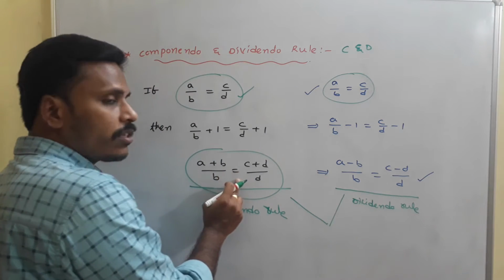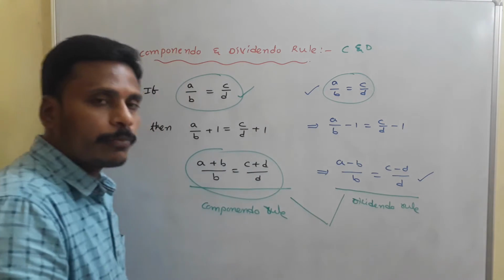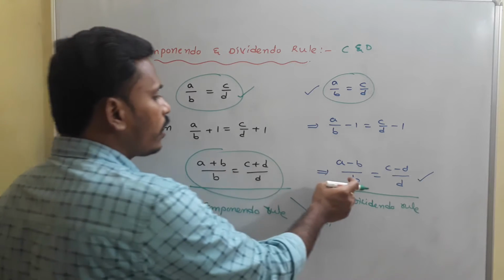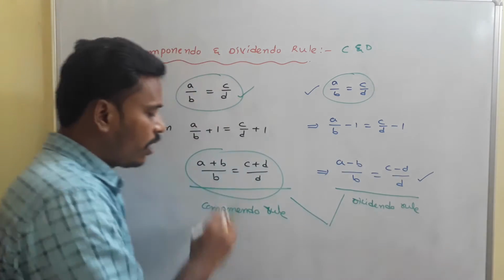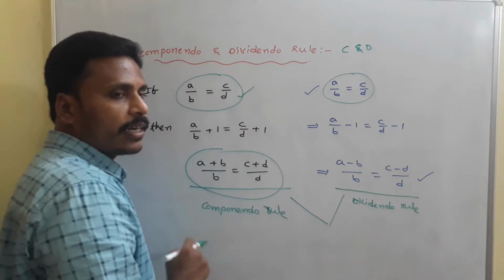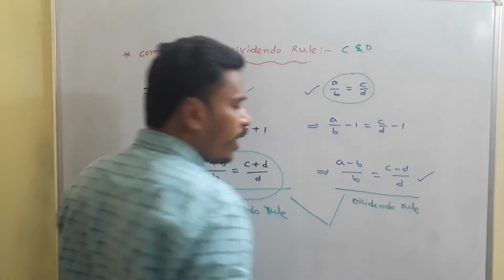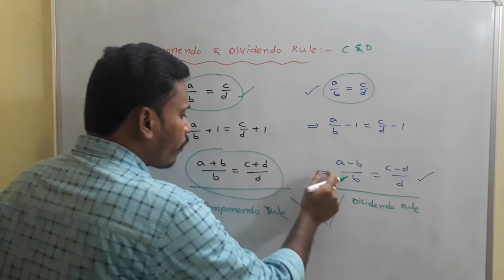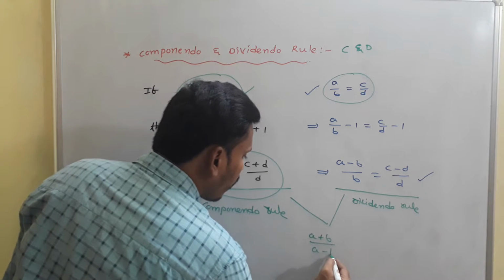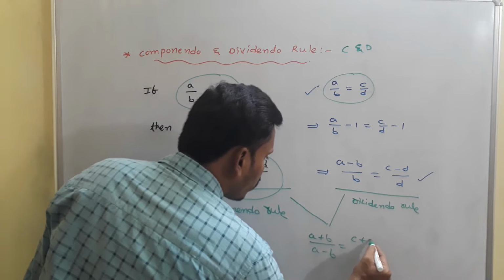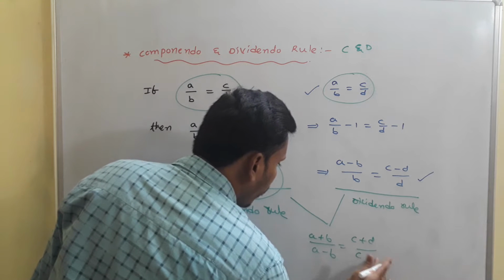Just divide the first equality by the second. The B and B get cancelled on the left side, and the D and D get cancelled on the right side. Then we have A plus B by A minus B is equal to C plus D by C minus D.